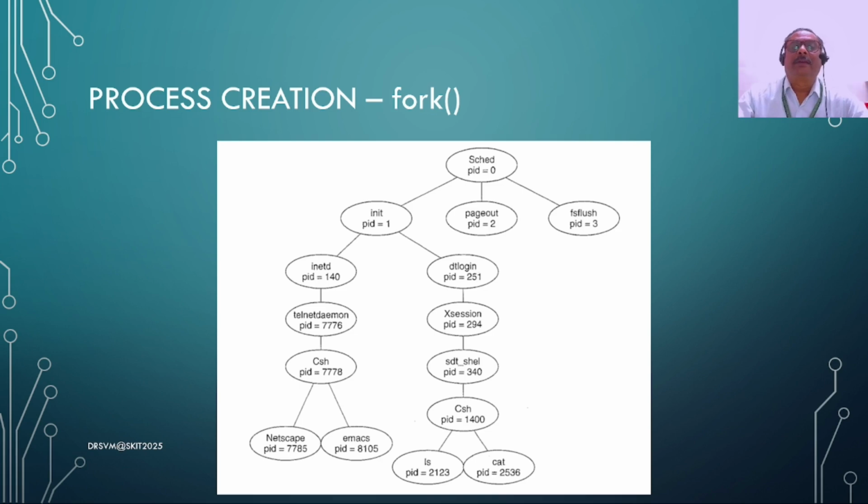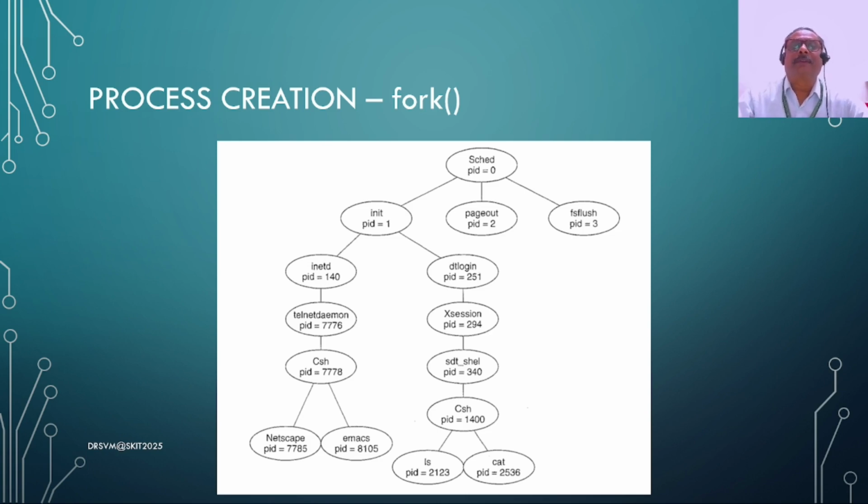There is another process which is created through fork, and that is called page out, and this is taking care of the memory, its pages, and then updating the data on the pages with the disk and all that. So that is taken care of by another process.